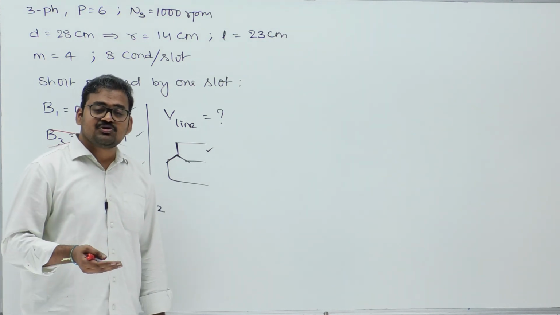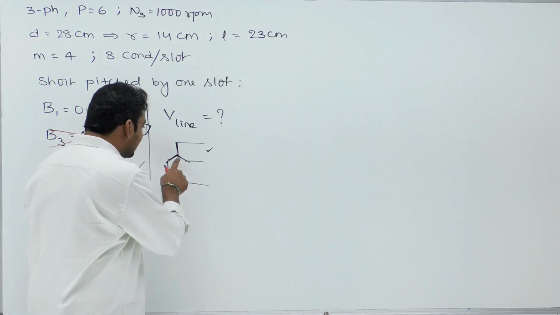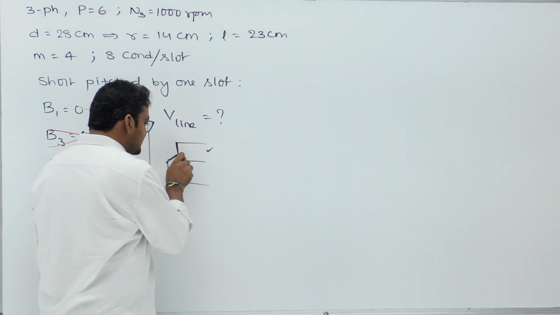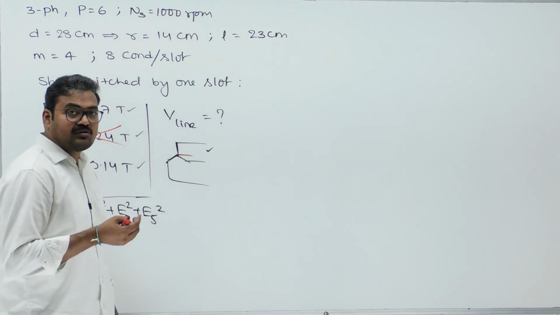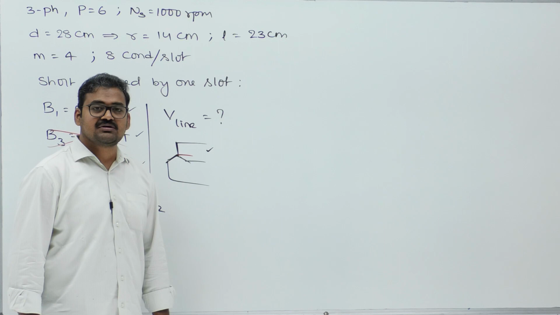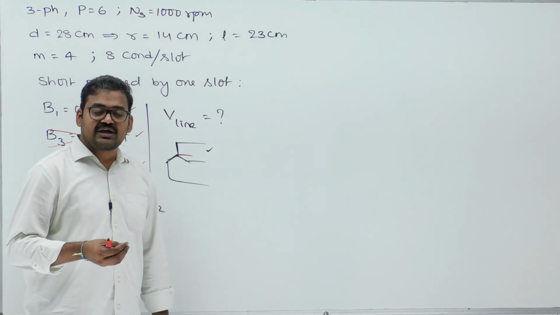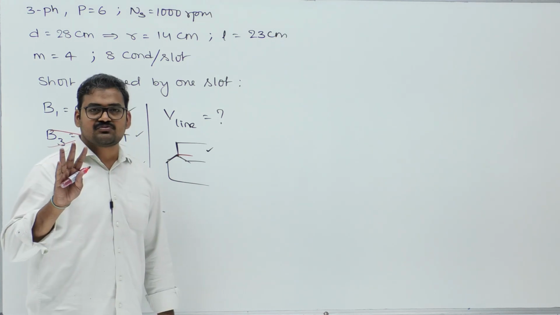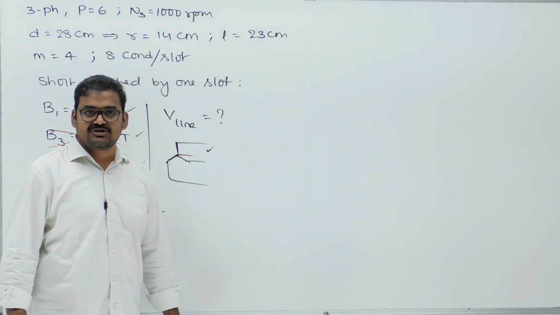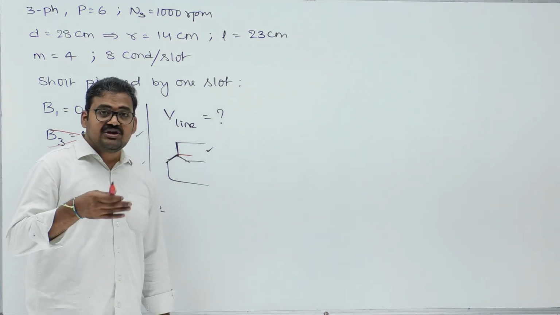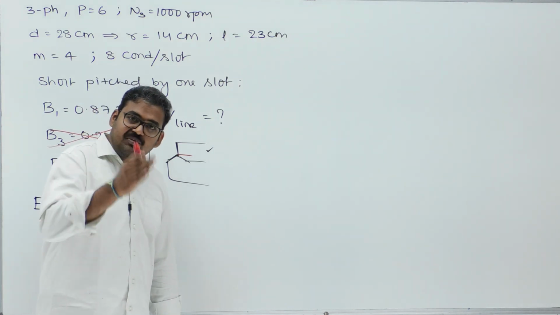Suppose if we are asked to calculate phase voltage, then third harmonic EMF must also be considered. Because under one phase, third harmonic EMF may be there, but coming to the line, third harmonic EMF is absent. So, our ultimate aim is to calculate fundamental phase voltage and fifth harmonic phase voltage, then finally find out line voltage.